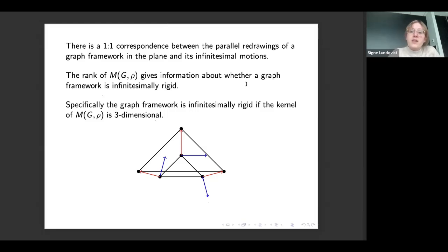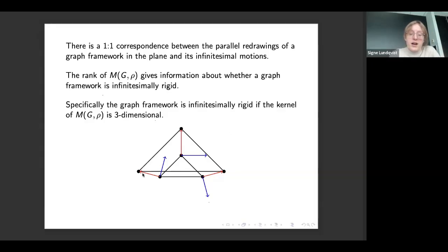And what this means is that the rank of this matrix M_G rho, so if your instance geometry is a graph, gives information about whether a graph framework is infinitesimally rigid. So specifically, the graph framework is infinitesimally rigid if the kernel of the parallel redrawings matrix is three-dimensional.